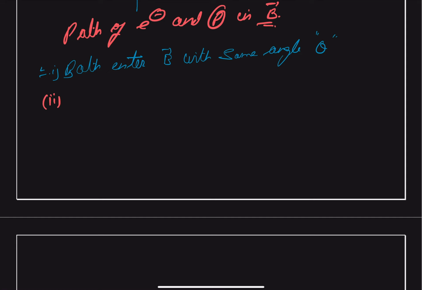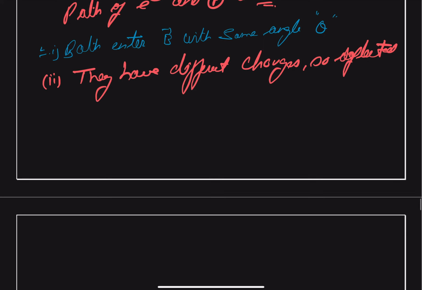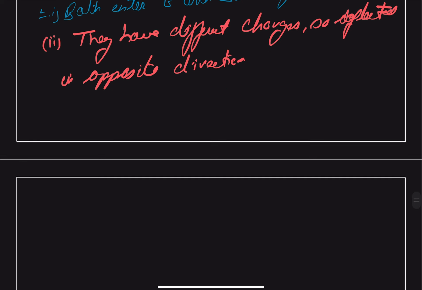So second point, they have different charges, so deflected in opposite direction. And third is they leave the magnetic field with the same angle theta.